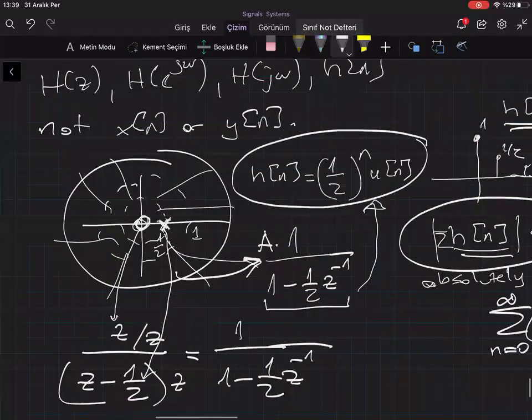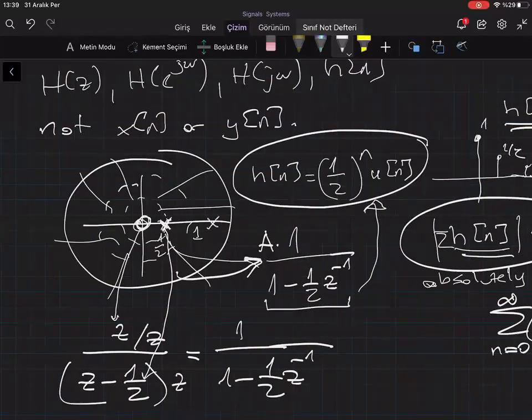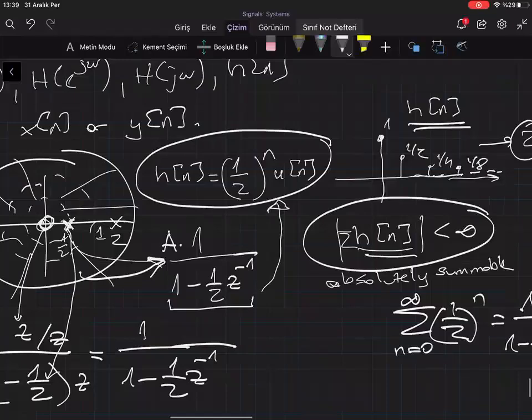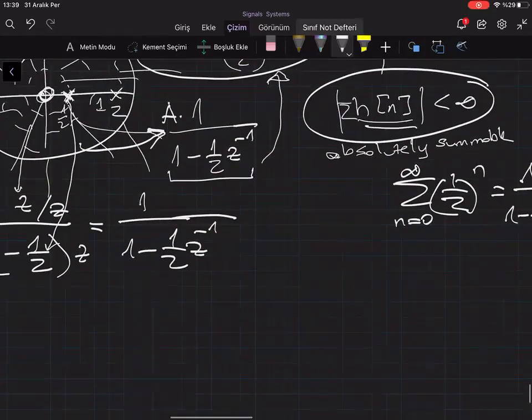So if you have a pole outside 1, let's say at 2, then for stability, if my ROC doesn't include the unit circle, what happens? What is my sequence then? h of n is equal to 2 to the power n u[n], right?